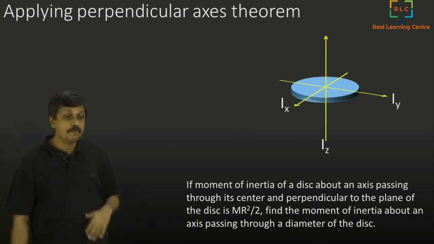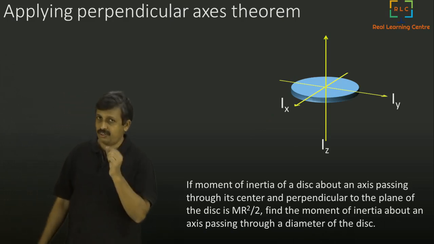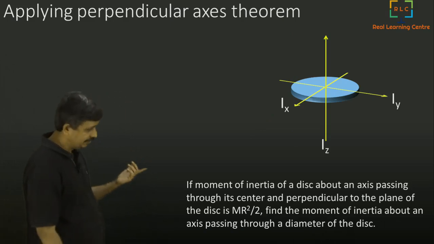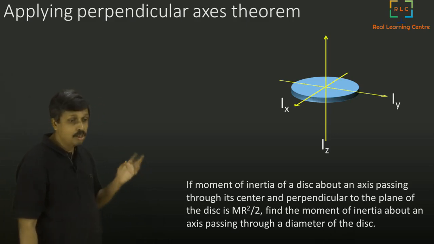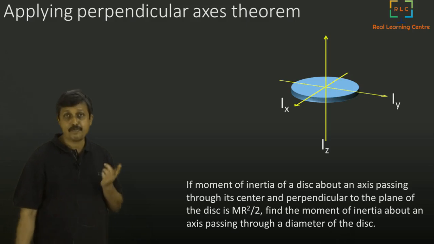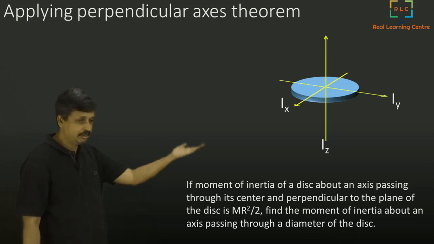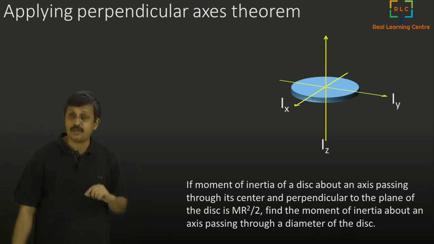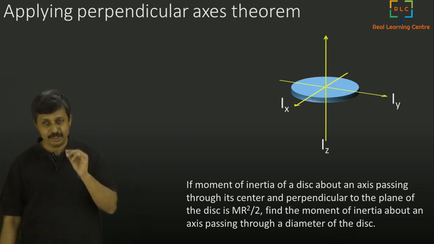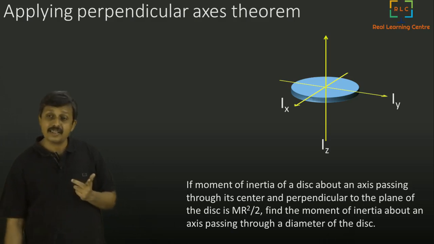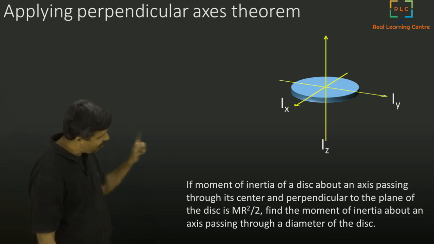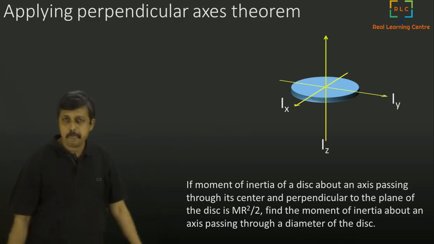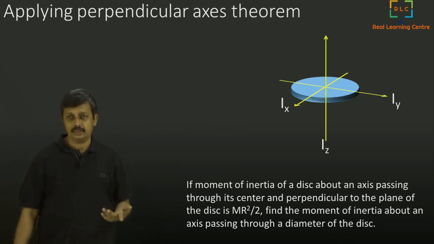Now, applying the perpendicular axis theorem, I will tell you how to do it in a simple way. One simple question is this. If the moment of inertia of a disk about an axis passing through the center and perpendicular to the plane of the disk is mr square by 2, find the moment of inertia about an axis passing through one of the diameters. How do you calculate?